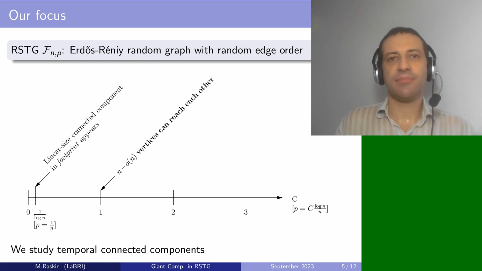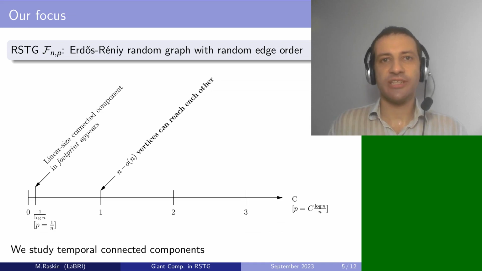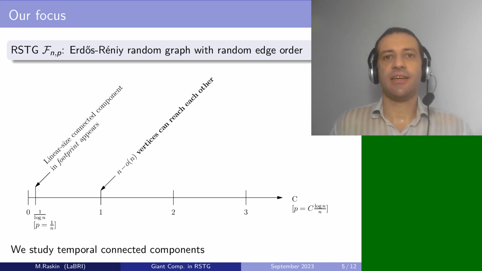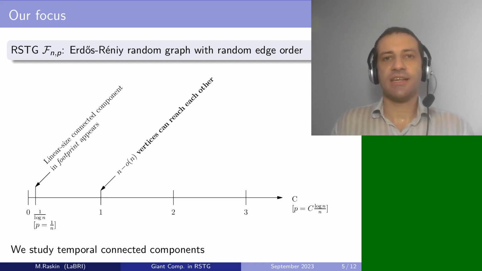But in the temporal case, we cannot hope for it, because before density log n over n, a random pair of vertices is not yet connected. And on the other hand, at log n over n, the earliest we could hope for it, we get a linear size connected component arising. Moreover, it immediately grows to the size n minus small o of n.